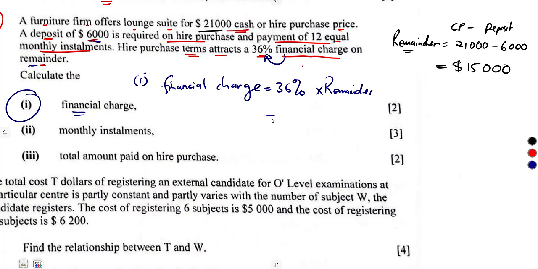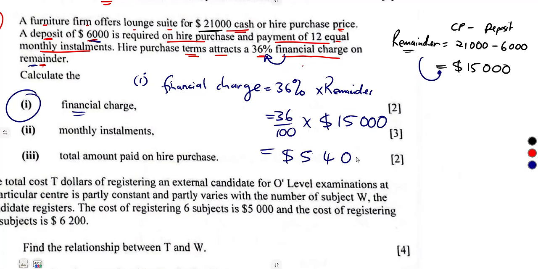So as the financial charge, 36% of the remainder: 36 over 100 times 15,000. That gives us a financial charge of 5,400, if we multiply it properly on our calculator.